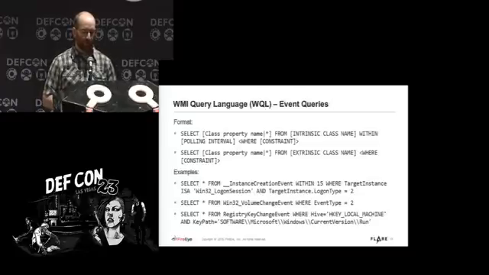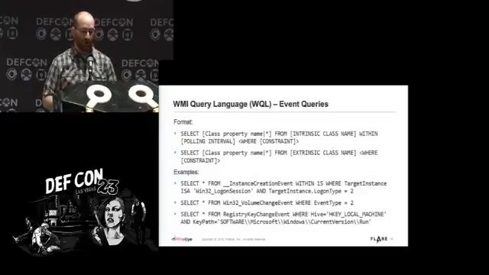All right. In the first example, at a high level, we want to target all interactive logons. The way you describe that in a WMI query is you want to target all instance creation events. This event will fire upon the creation of any WMI class instance.